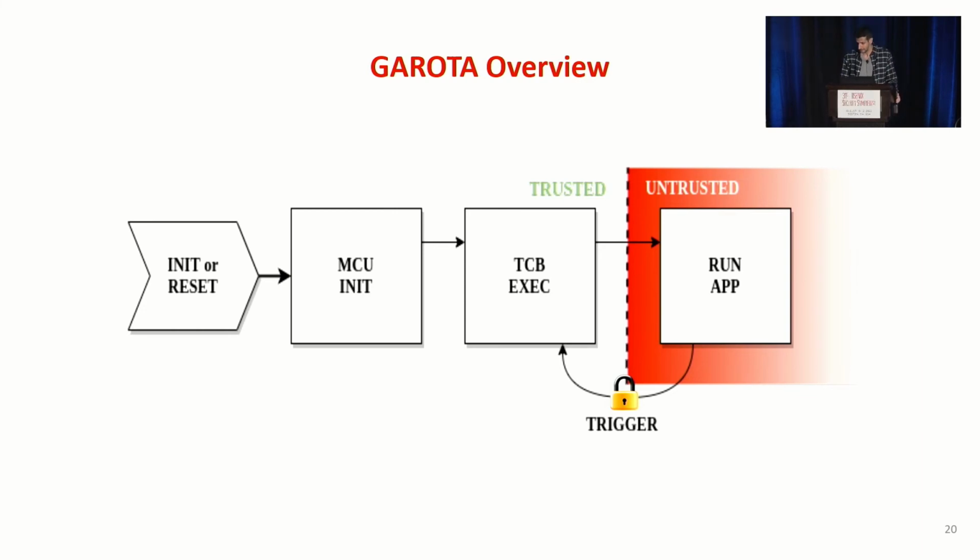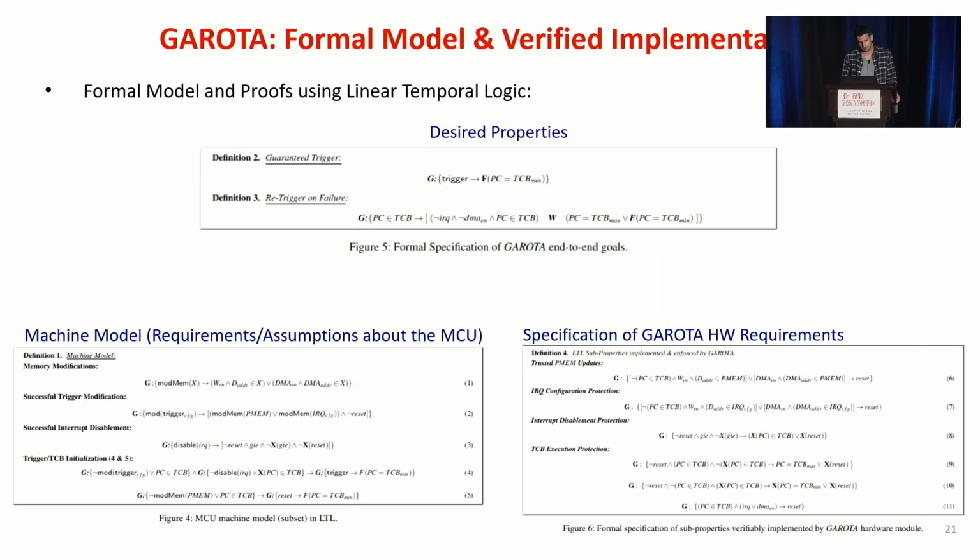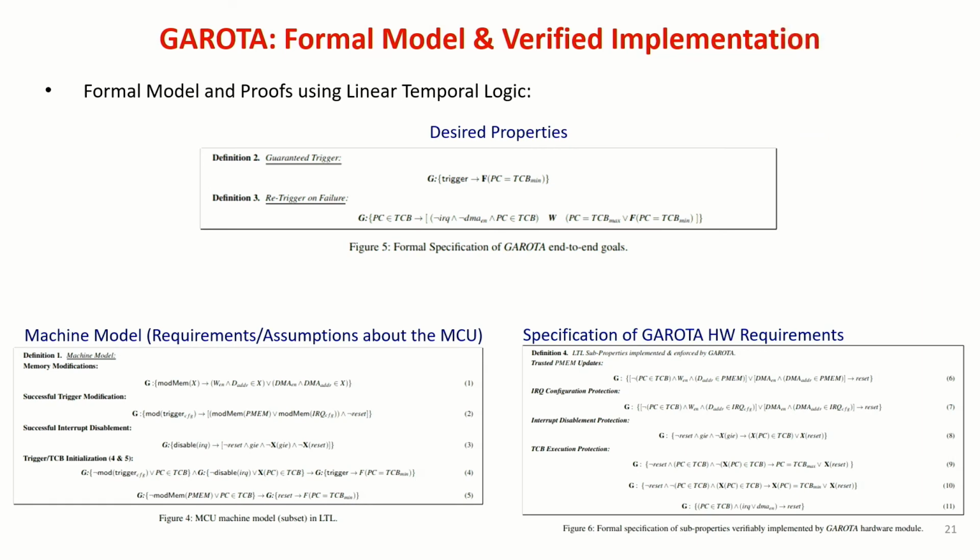Okay? So, a big part of this, and one of the points is that we wanted to have a systematic design that can be used as a reference, hopefully. And so we actually specify these things formally using linear temporal logic. We specify these two key properties, guaranteed triggering and retriggering on failure. And then the next step is to axiomatize whatever we expect from the MCU, from what's already in there, and axiomatize what are the additional hardware features that we need from our architecture.